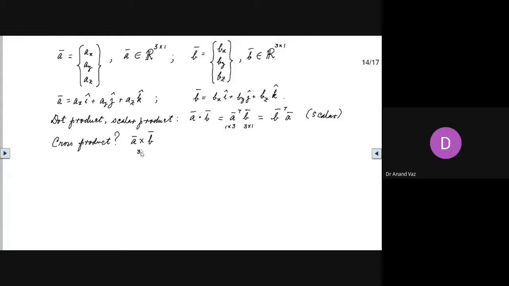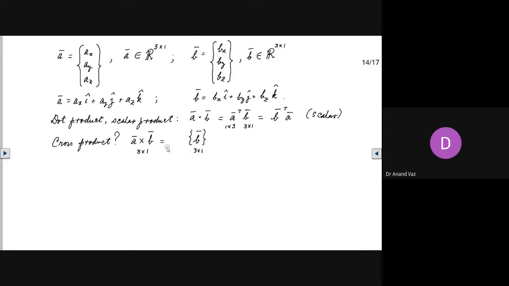Now, can we have a transform which operates on the vector B? This is a vector, so we can represent it as a 3 by 1.